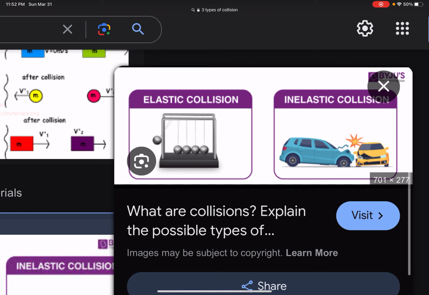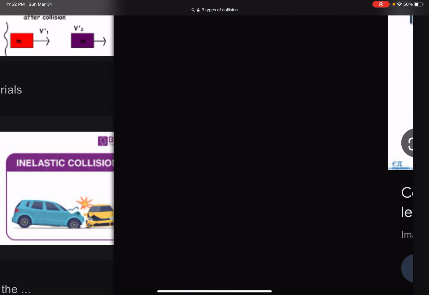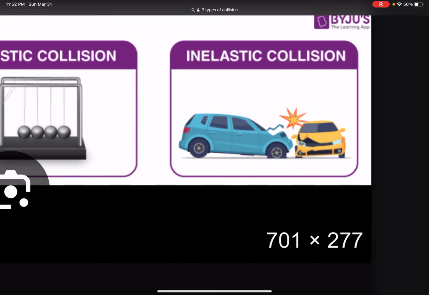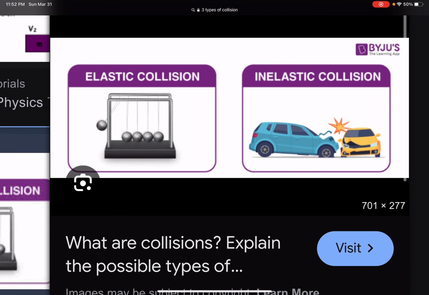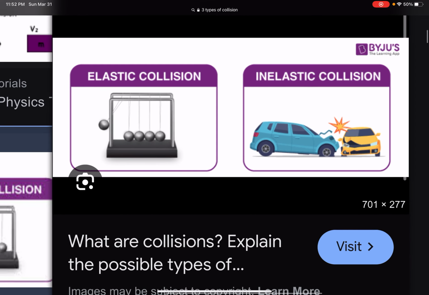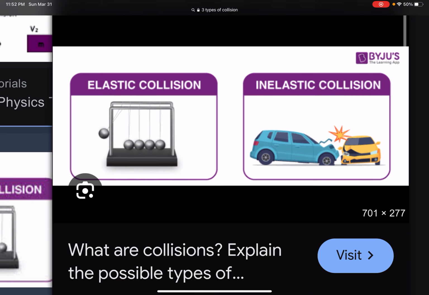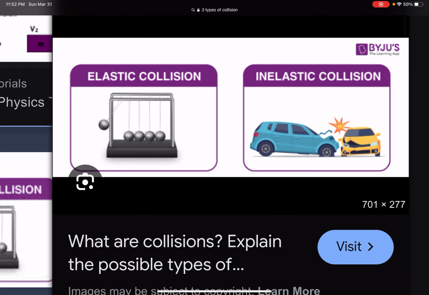I'm not sure what this is officially called, the ball thingy. I know it's a science thing, I'm just not sure what it's called. But as you can see, the two balls, one from the left and one from the right side, are the ones that eventually move.